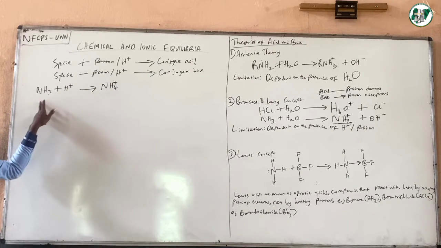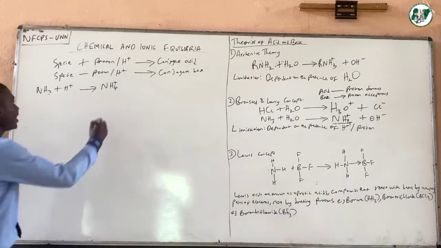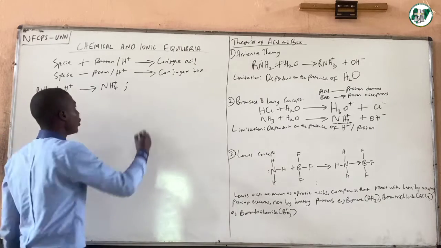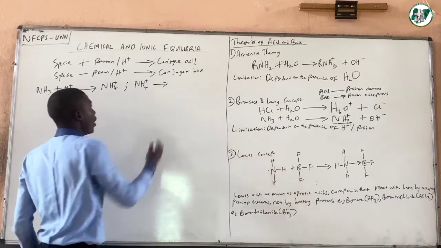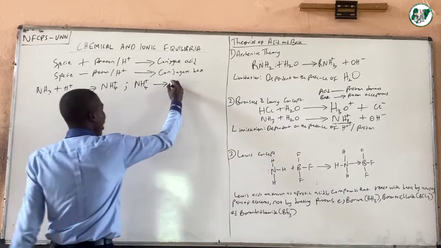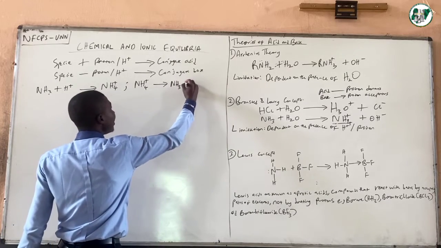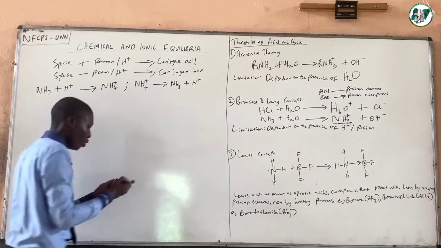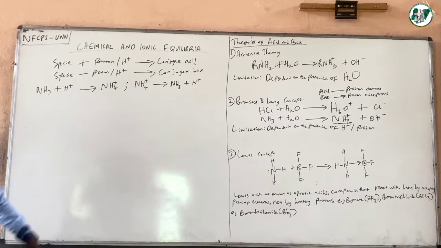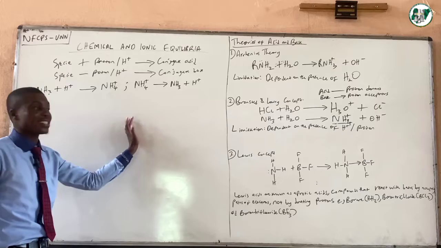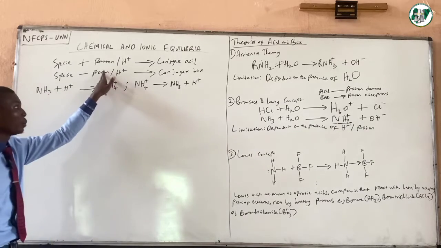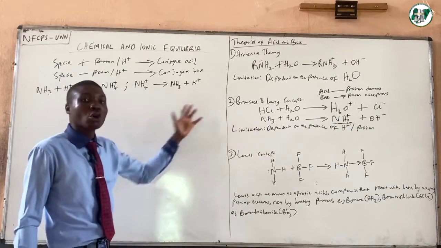Meanwhile, the reverse is NH4+ losing hydrogen to form NH3 plus H+. This reverse case shows us that NH4+ is acting as the acid, while NH3 that lost a proton is called the conjugate base.